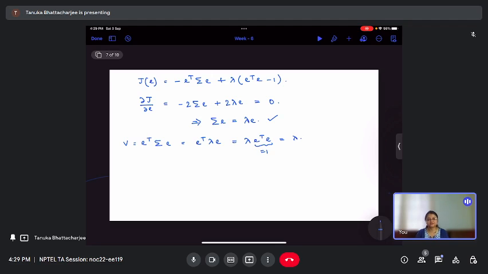I derived it for 1D space. You can do it for any dimensional space which is lower than the original feature dimension. So, you will take the eigenvectors corresponding to the top k eigenvalues, let us say, and project to a k dimensional space. You will take the top k eigenvalues and the eigenvectors corresponding to those eigenvalues.